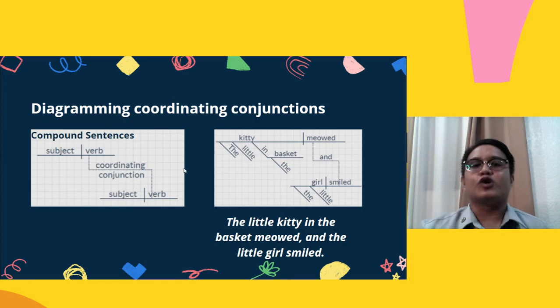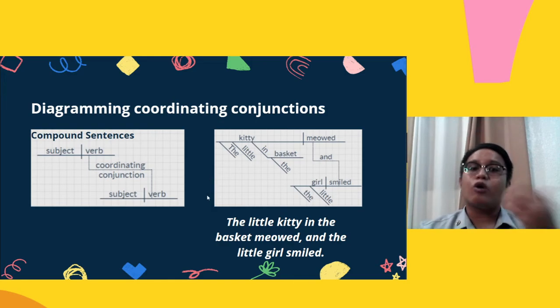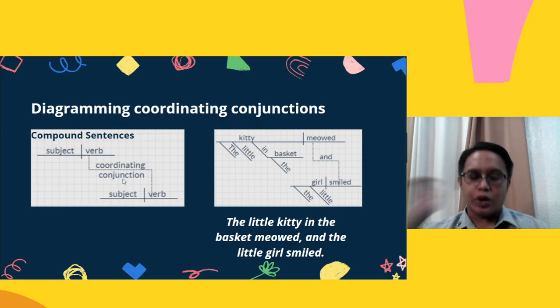I hope nakuha ninyo. Basta i-connect na to when we talk about compound sentences. Okay? That means these are two independent clauses connected by a coordinating conjunction, naay subject, naay verb. Then, ang nag-connect nila kay coordinating conjunction, we use this type of diagramming symbol for the coordinating conjunction.